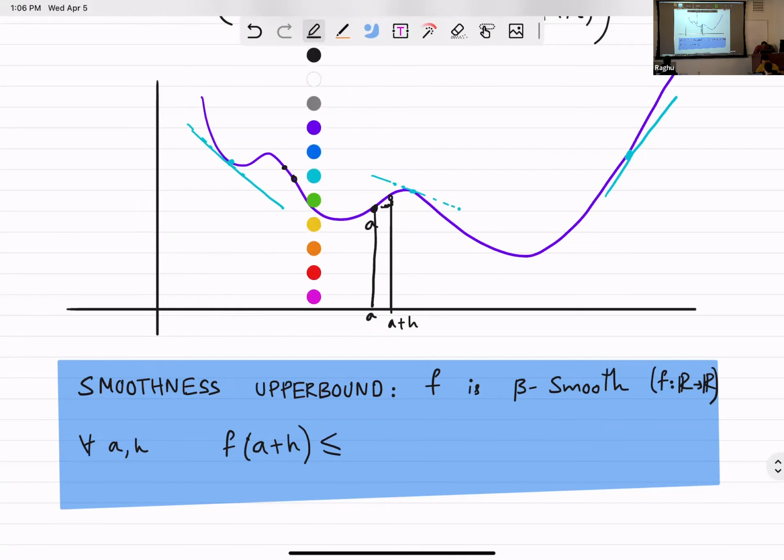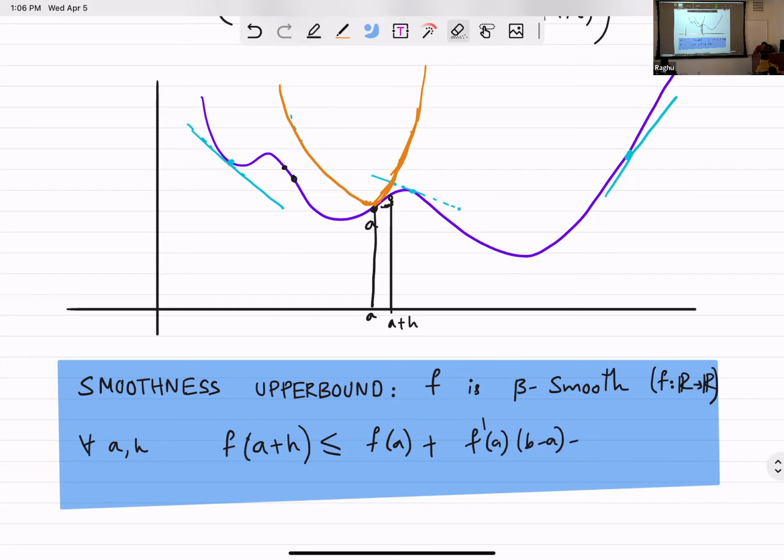The best you can do is as if the function was a parabola centered at A. The orange line is basically supposed to be the parabola centered at A comma f of A, and its equation is beta over 2 times h squared.